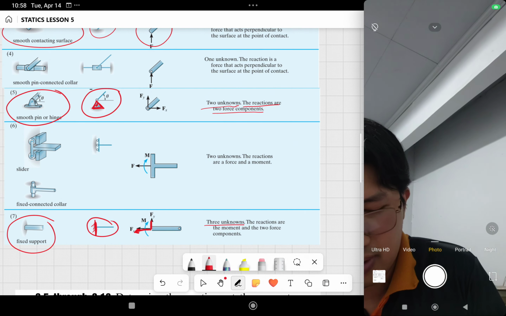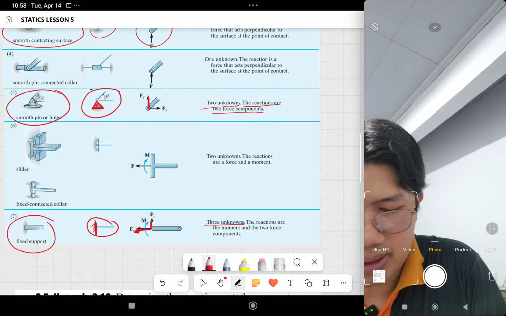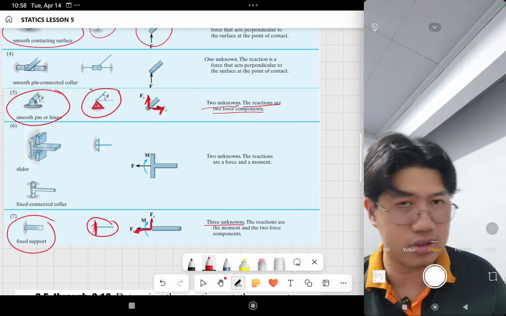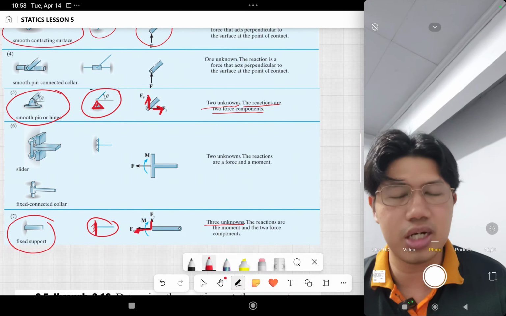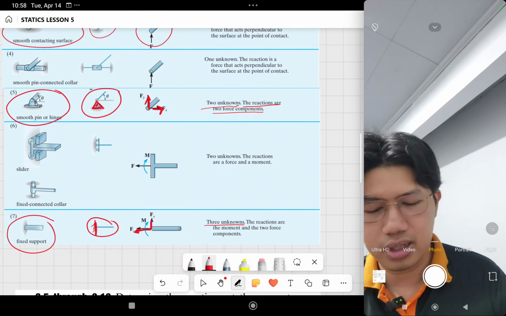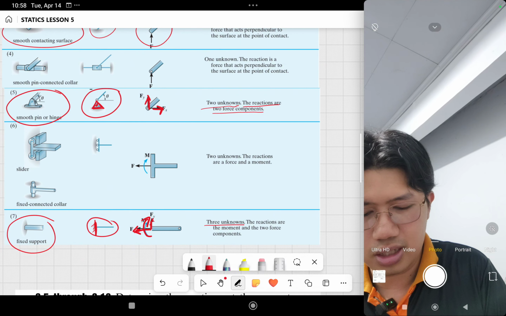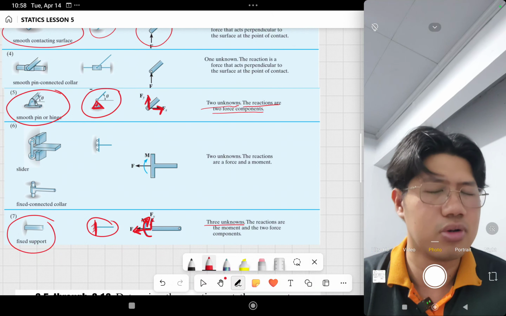We have here sa pin pala, we have a vertical and a horizontal. So it is always vertical and horizontal reaction when it comes na meron tayong pin. Kapag naman fixed support, we have vertical, we have horizontal, and we have a tinatawag nating couple moment or yung moment.